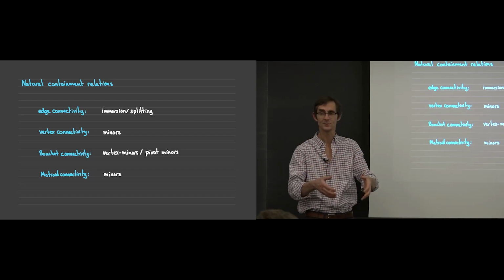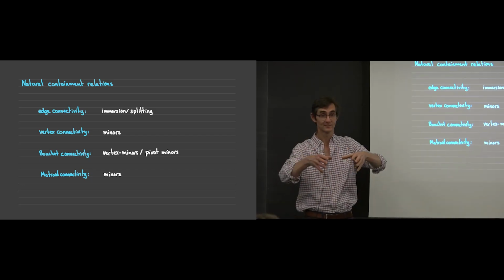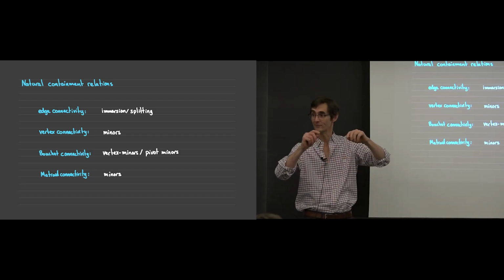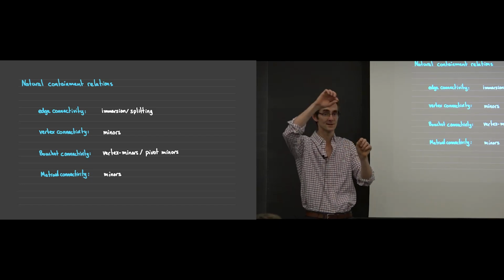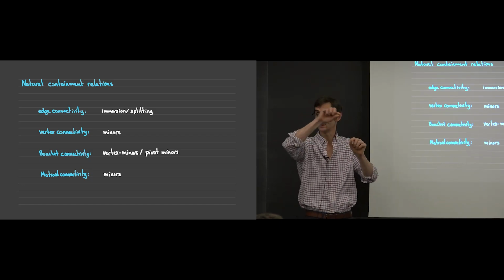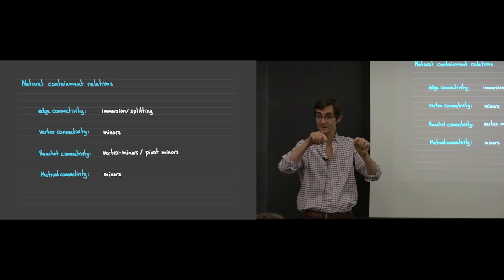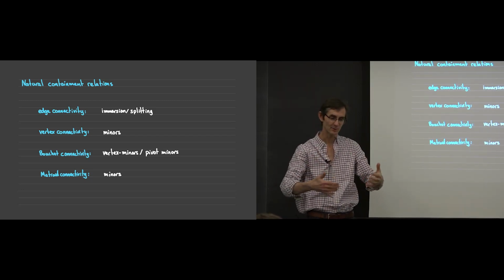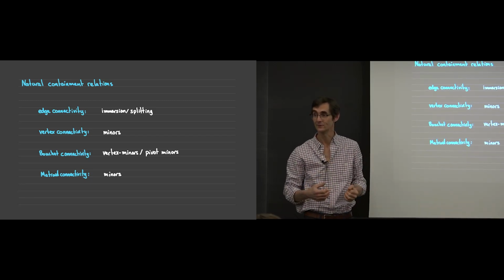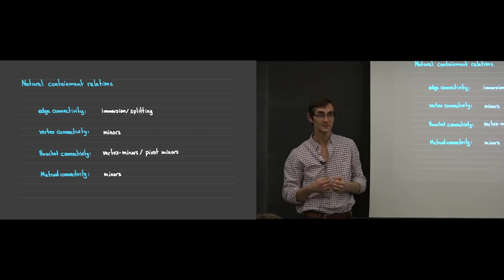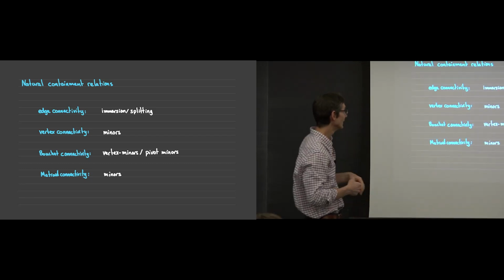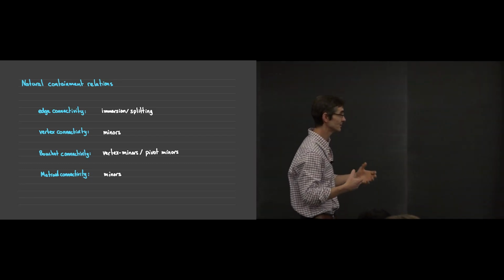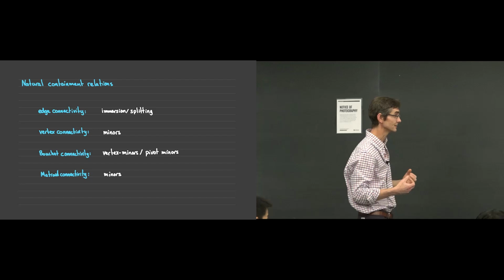And in immersion minors, you're allowed to take subgraphs, and then you're allowed to do this splitting off operation, which is you take two edges incident with a vertex and shortcut it. Delete the edges and just replace this thing. This is a natural notion where when you care about edge disjoint paths, splitting off is somehow a natural operation to do. And so once you start thinking about immersion minors, you pretty quickly end up thinking about edge connectivity.